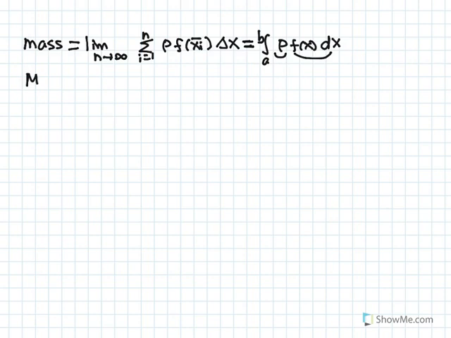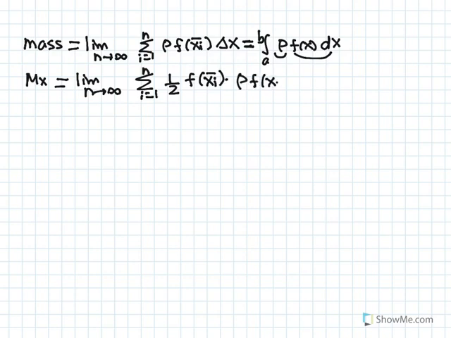Now, the moment with respect to the x-axis. We sum up all the moments with respect to the x-axis. Limit, n goes to infinity, i goes from 1 to n, of 1/2 f of xi bar times rho f of xi bar delta x.